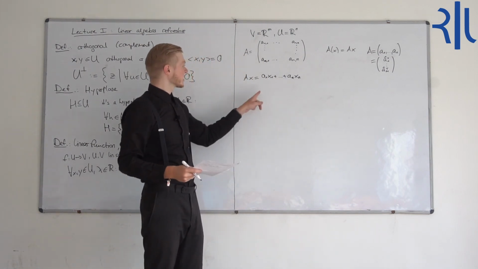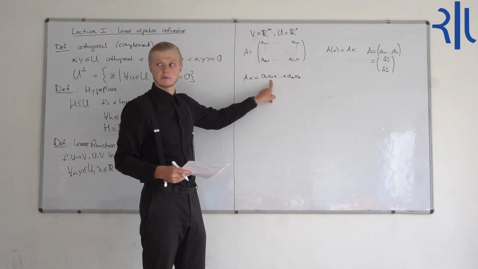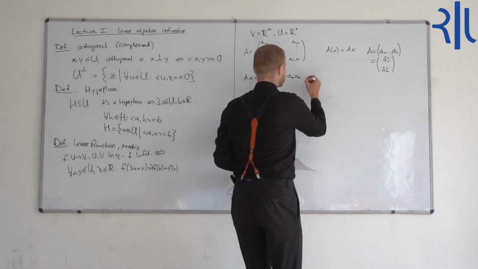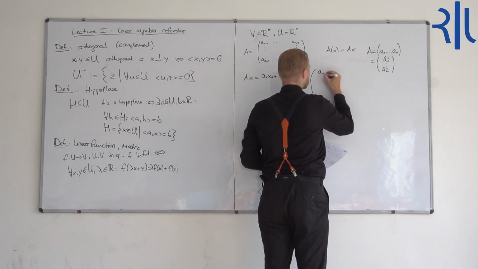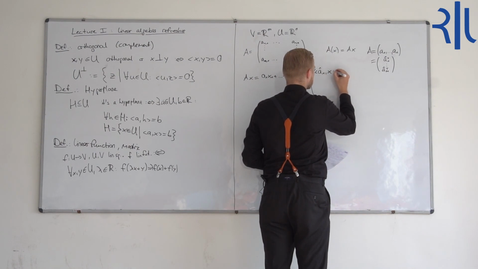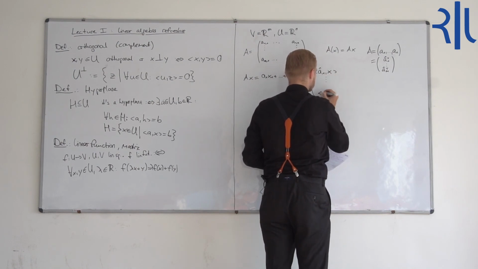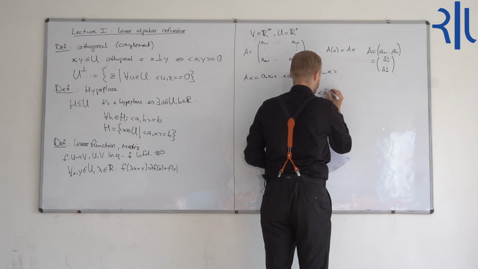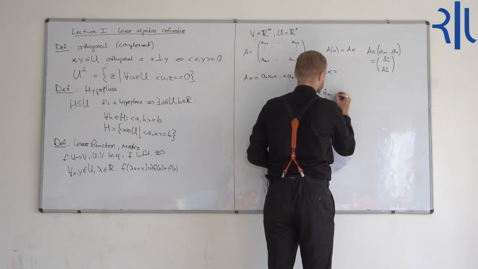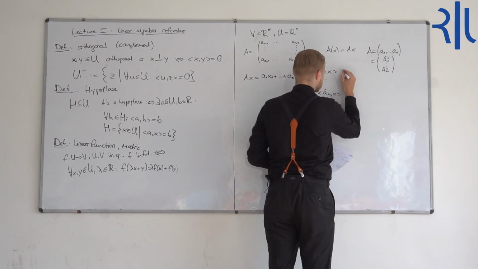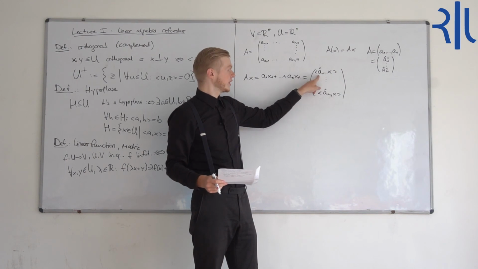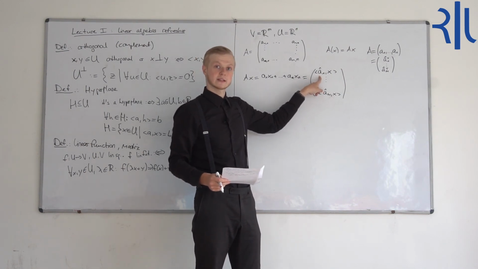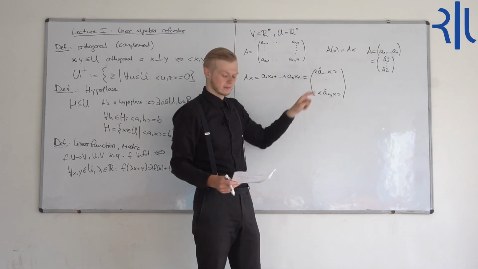And that is as a weighted sum of the column vectors, but also as a new vector where each entry is a scalar product of x with the corresponding row vector.